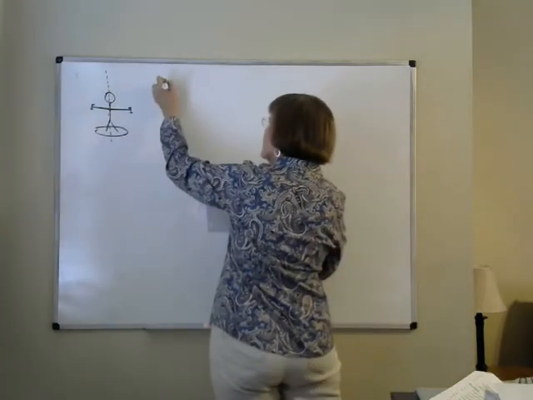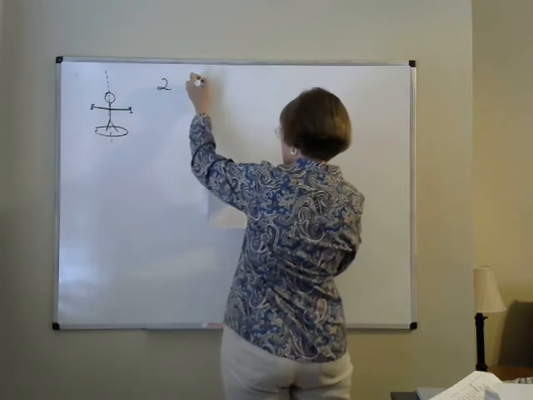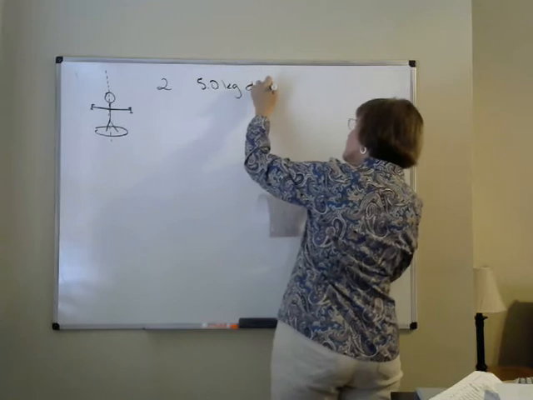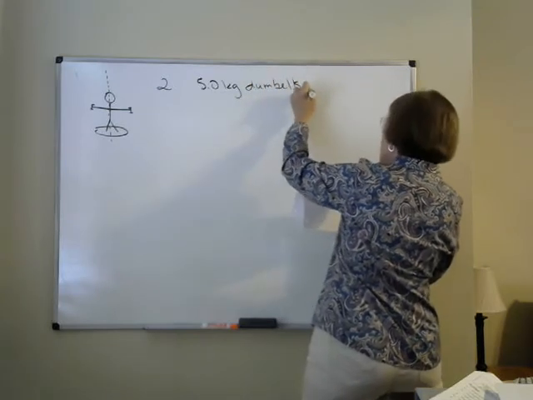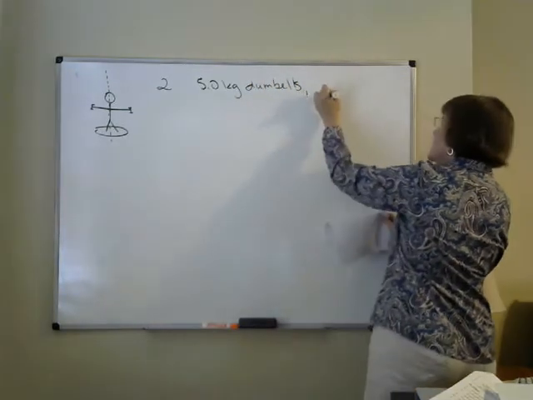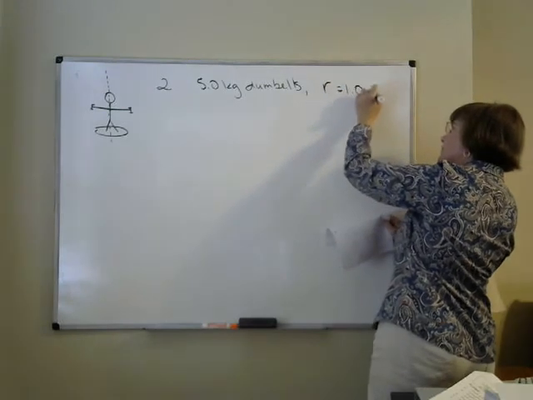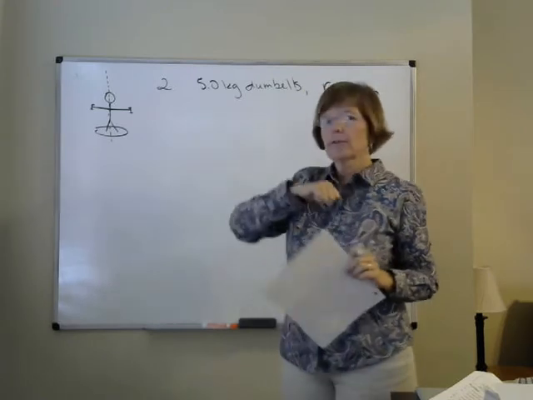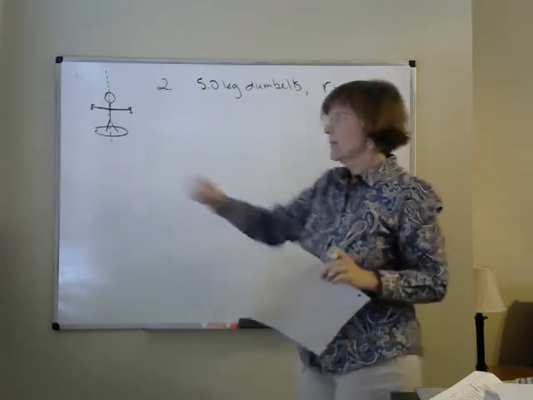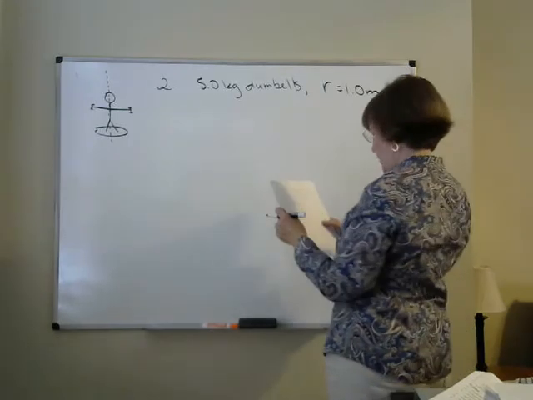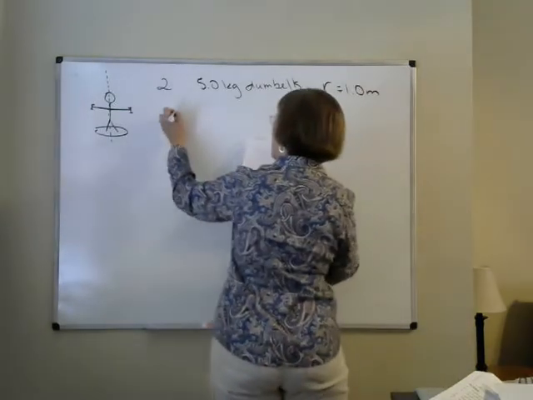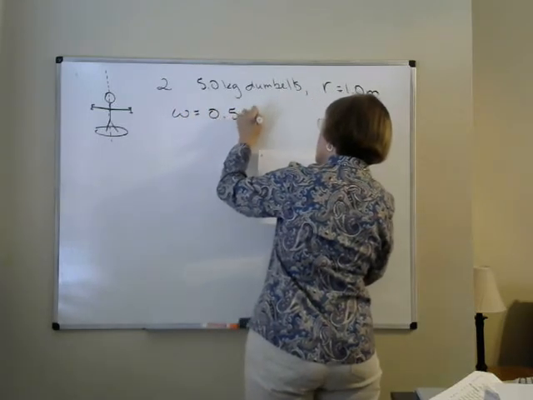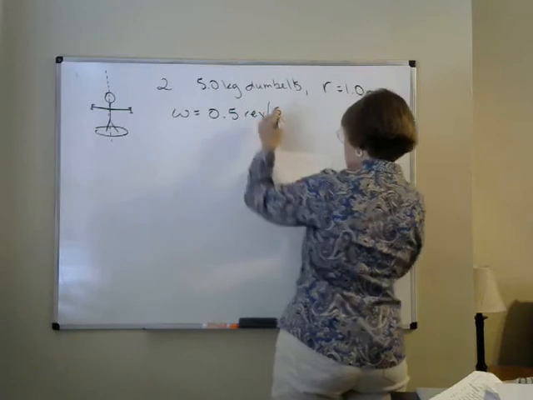We have 2 5-kilogram dumbbells. And they are a distance of 1 meter from the center of rotation. So he's got a longer arm than I do. He's a lanky guy. From the center of rotation to where he's holding the dumbbells, that's 1 meter. He's revolving with an angular speed of 0.5 revolutions per second.